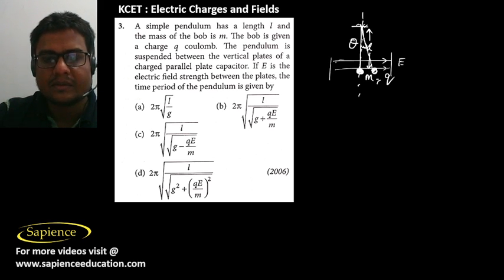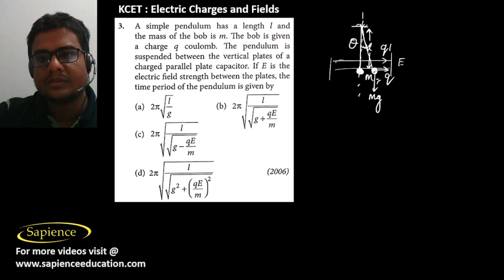Let that angle be theta. Here we have mg acting downwards, and here we have QE acting horizontally. So the net force will be the square root of mg whole square plus QE whole square.